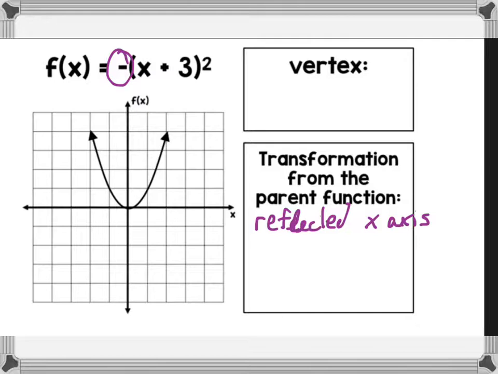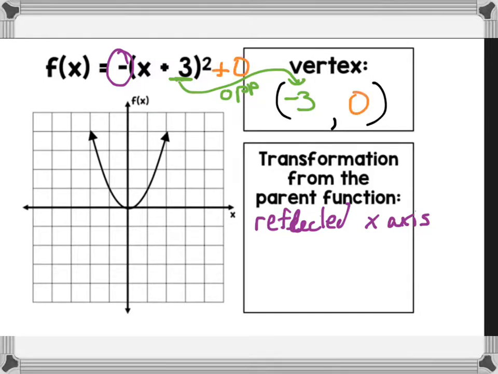Now we'll find our vertex. So our vertex is H, K, H coming from the inside, and we do opposite inside, so -3, comma, the same sign outside. Well, there's nothing written, so that's understood to be a 0. So -3, comma 0.